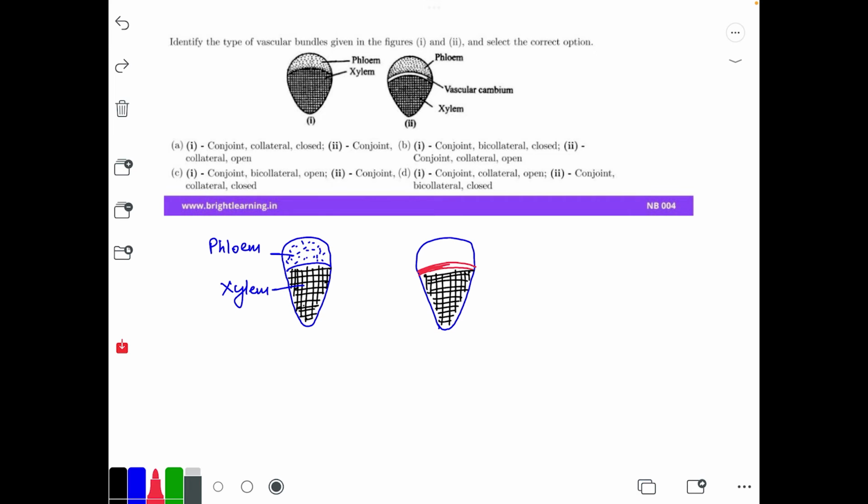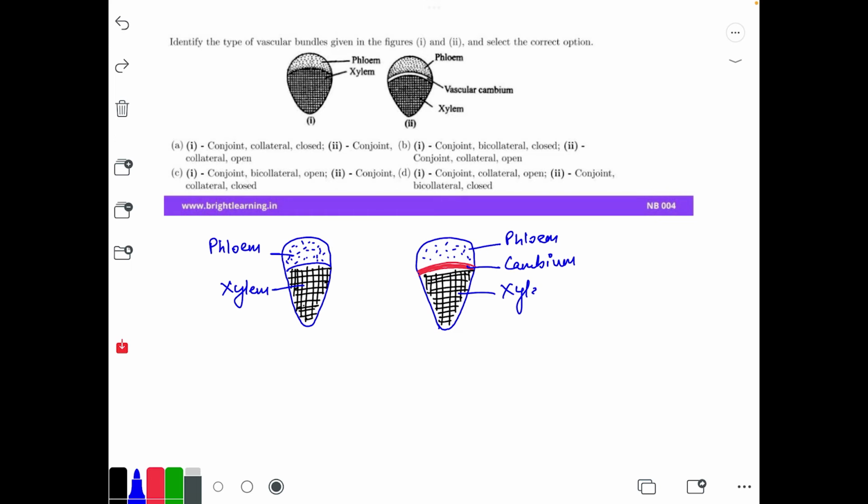This part is the phloem and this is the xylem. There is a layer present between the xylem and the phloem. Here again, this one is the phloem, this is the cambium which is present between xylem and phloem, and this is the xylem. So this is the first figure and this is the second figure.